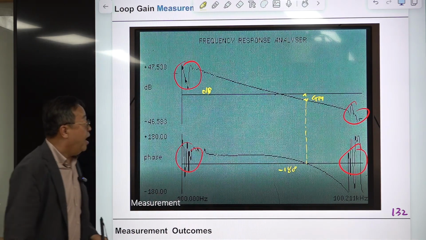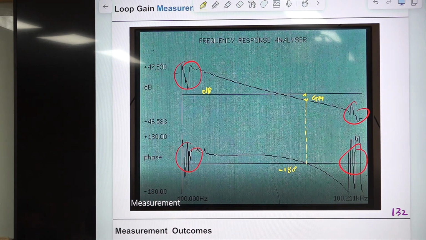Okay, and at this frequency, the 0 dB frequency, phase is this much, but somehow the phase changes like this. It goes something like this.